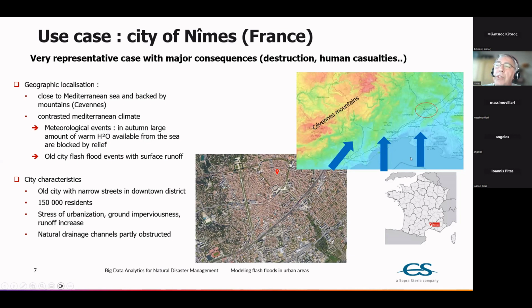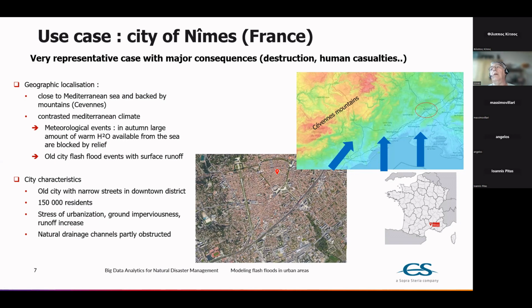We have the water, which is still hot compared to the inland, a lot of evaporation, and then depending on the pressure, a lot of water vapor comes from the sea inland and hits the mountains, and then it starts to come down, and it can last for hours or sometimes for days when the clouds get stuck on the mountains.